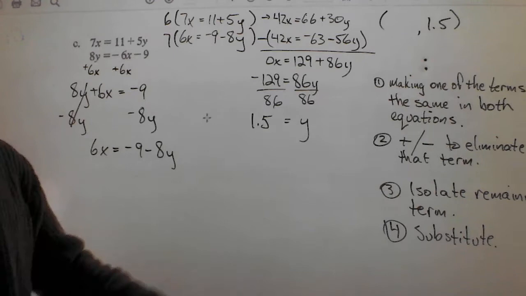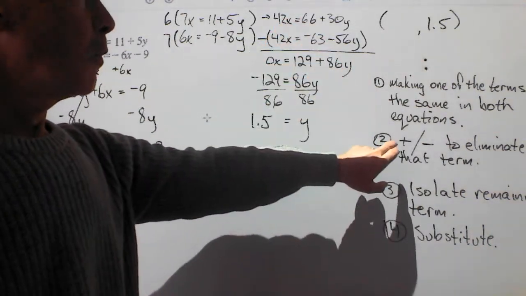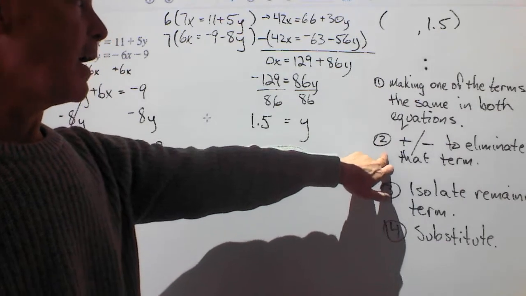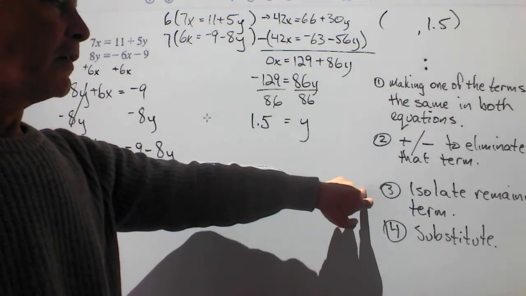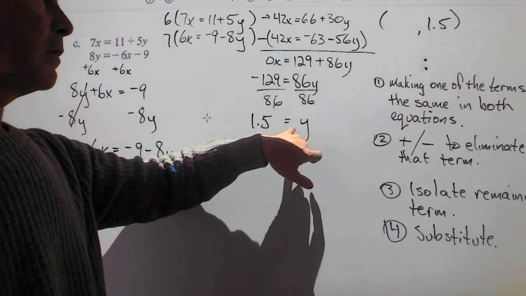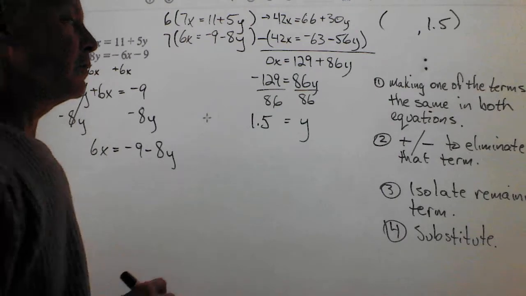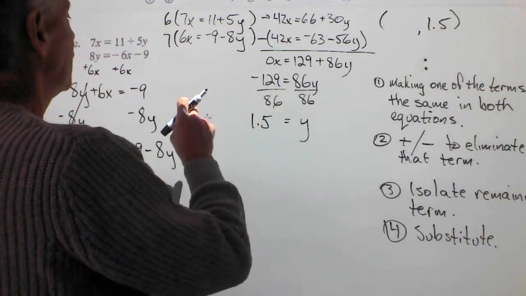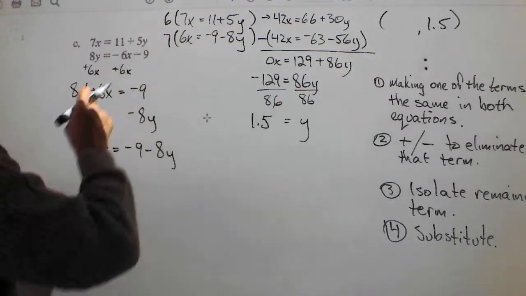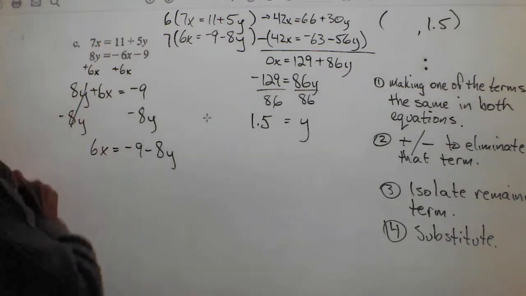Okay? So, we've made the terms the same. We've, in this case, subtracted to eliminate that x term. We've isolated that term. We know what y equals. Last step, substitute. So, we're going to substitute that value of 1.5 into one of our original equations, and we'll use the first one.